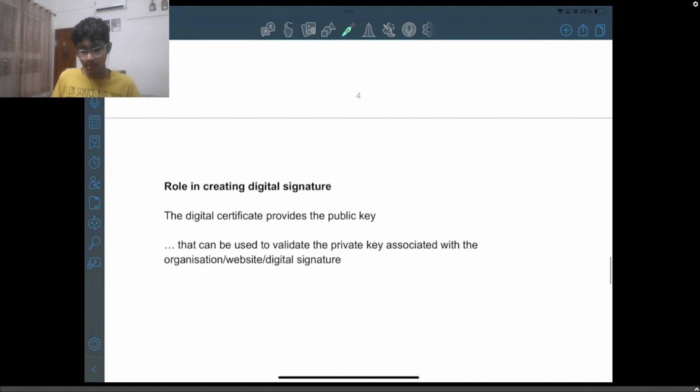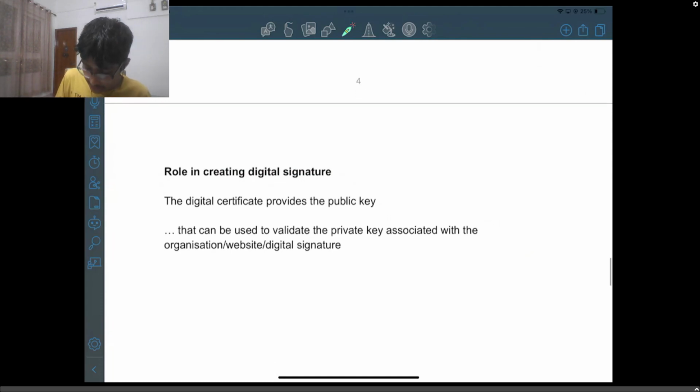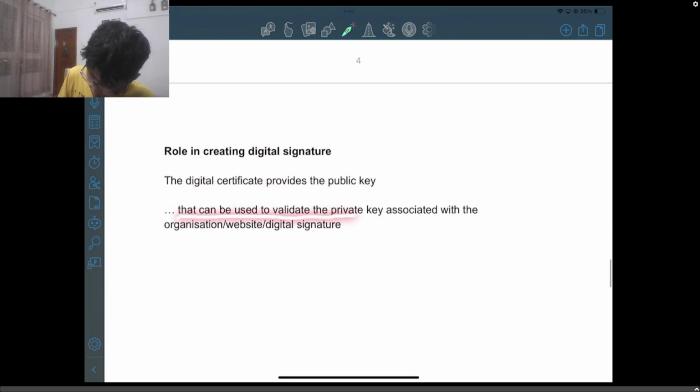Now, the role of the digital signature in creating the digital certificate. The digital certificate will provide the public key. This can be used to validate the private key associated with the organization's digital signature.